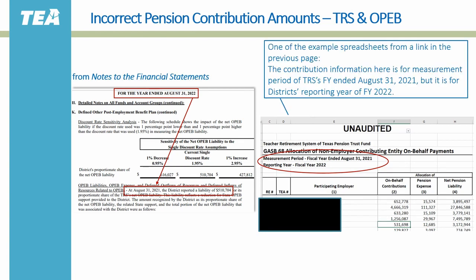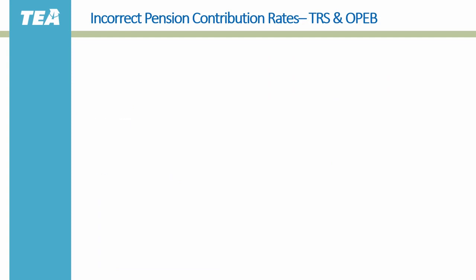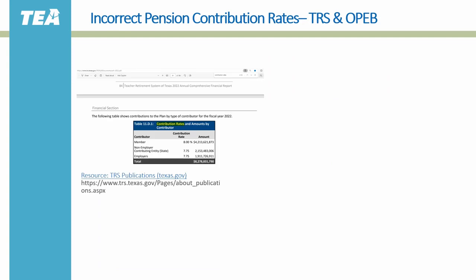This example shows incorrect pension contribution rates reported in the school district's AFR. On the left side, this schedule was from TRS's Annual Comprehensive Financial Report 2022.